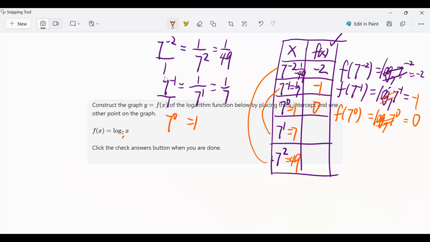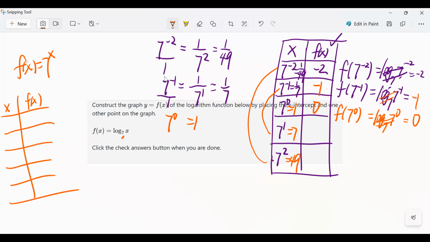Because the base is 7 for the logarithm, but because it's the inverse of the exponent, it behaves in the opposite way. For the exponent, let's say f of x equals 7 to the x, then our table will look like this: -2, -1, 0, 1, 2.